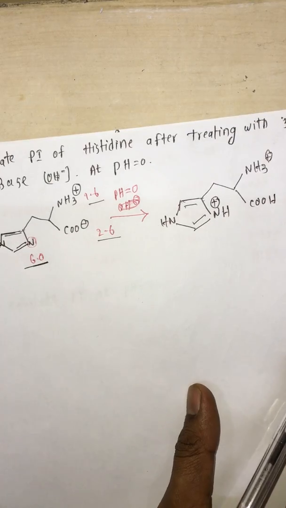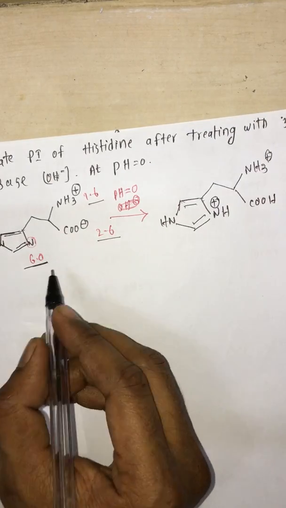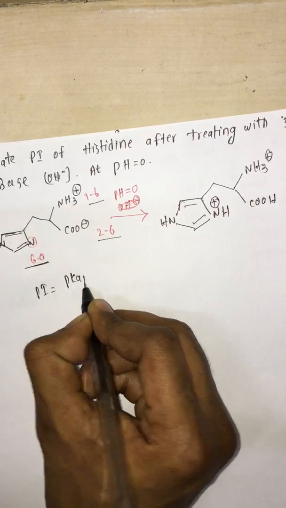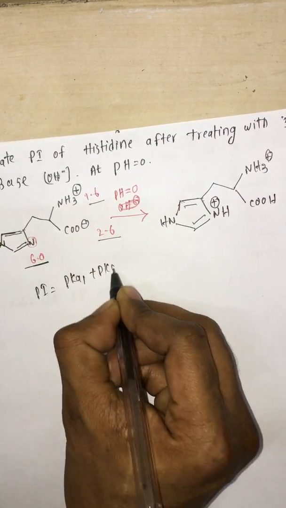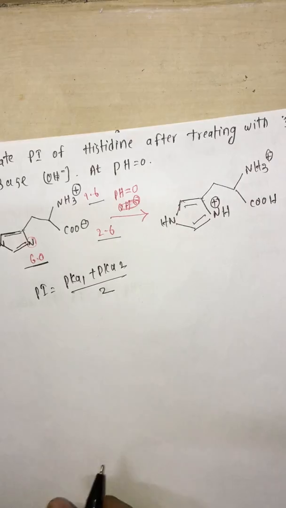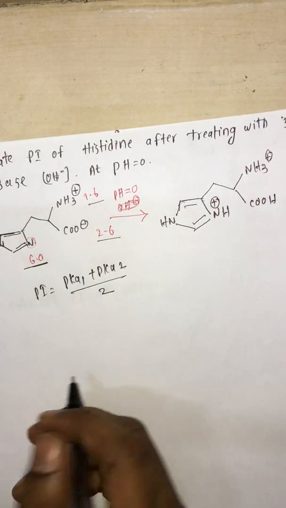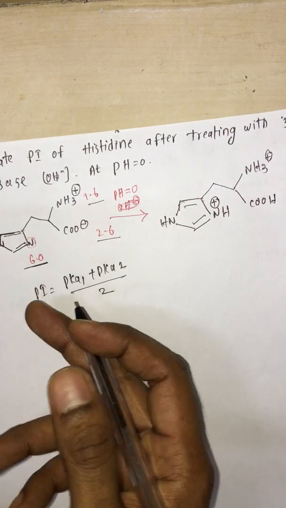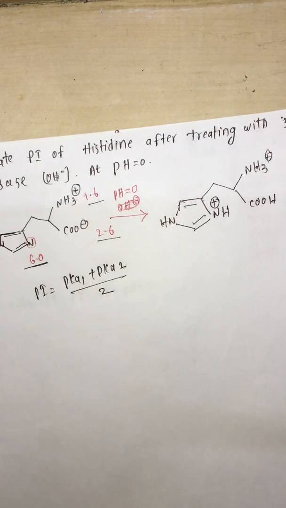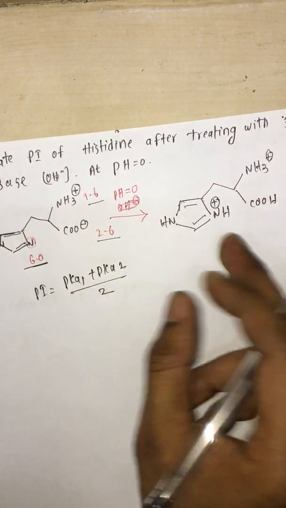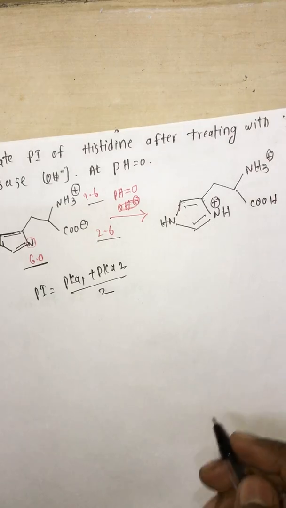Sometimes to calculate the pI value we need to take only 2 pK values, and the average of those will be the pI. Here we have 3 pK values, so we can't simply take the 2 higher values or 2 lower values in this case. So to calculate the correct isoelectric point, we have to go through this procedure.